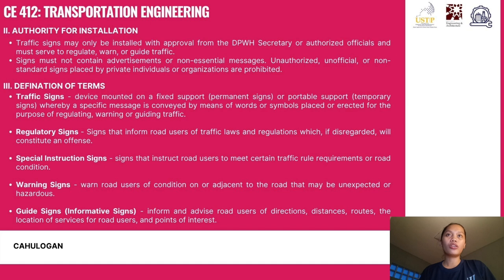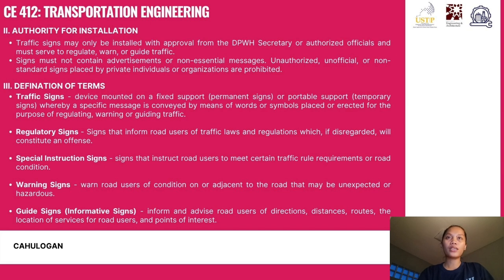Next we have regulatory signs, which are traffic signs that inform drivers of traffic laws and regulations that must be followed. Regulatory signs are designed to control traffic behavior. Next we have special instruction signs, which instruct drivers to meet certain traffic rule requirements or road conditions.